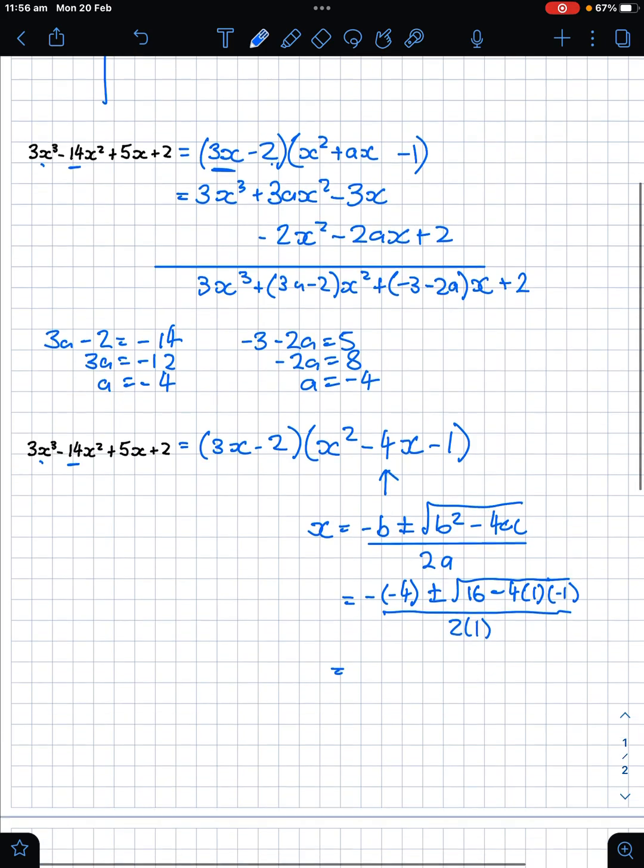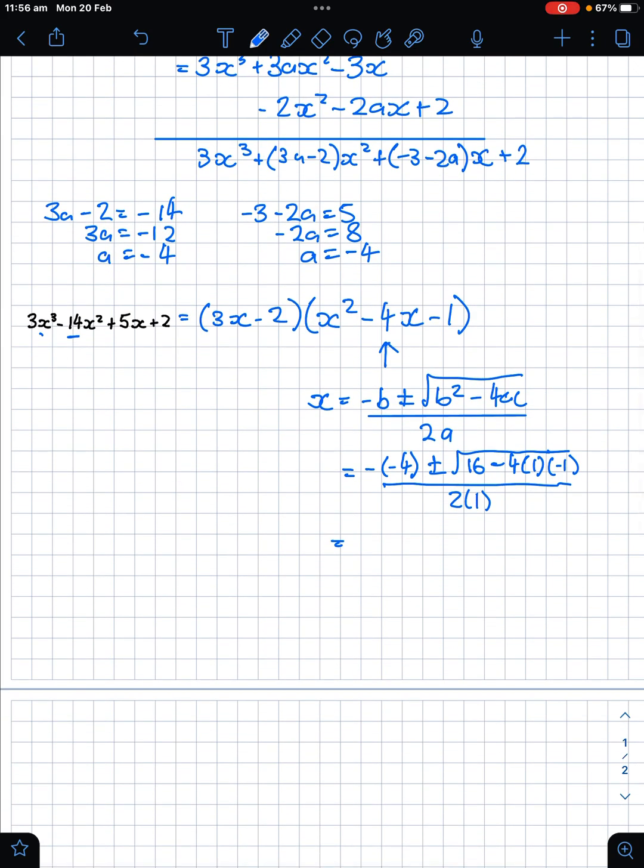So we're going to have 4 over 2 plus or minus square root 16 plus 4, which is going to be 20, and that's over 2. 4 over 2 is just 2 plus or minus square root of 20.